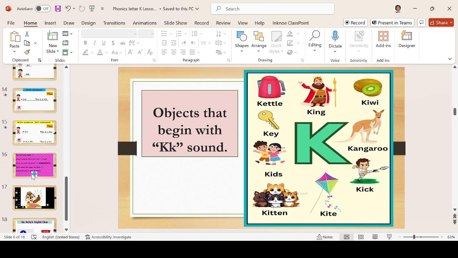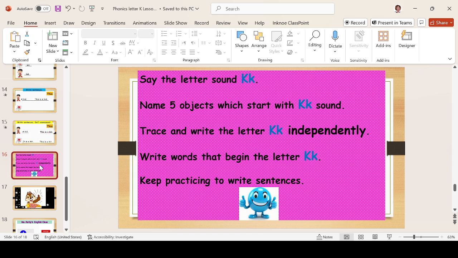Let's see what you're supposed to do next. All right, I want you to keep on practicing to trace and write the letter K, K, K. And also to practice to write the words with the K sound, which is kit and kid.